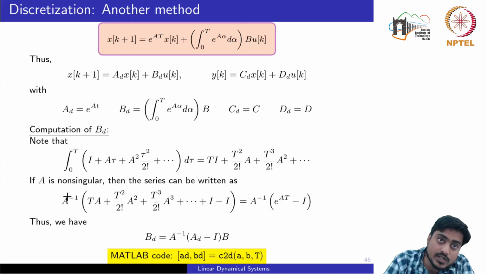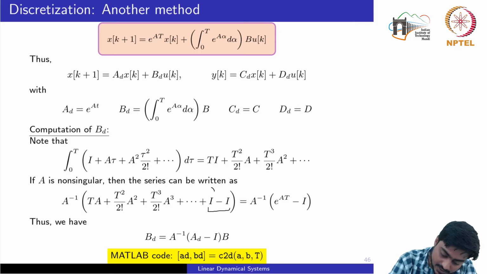Now, if A is non-singular, this series can be written as I multiplied by A inverse. Since t is a scalar, I can commute it. At the end, I do the addition and subtraction of the identity matrix of appropriate dimension.